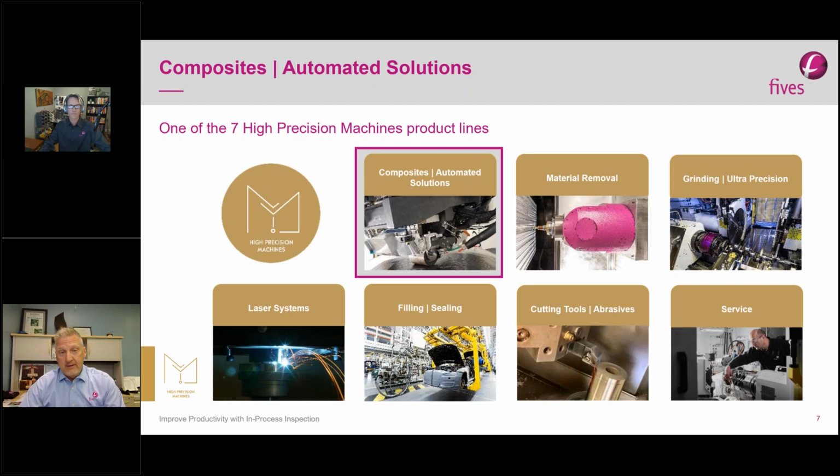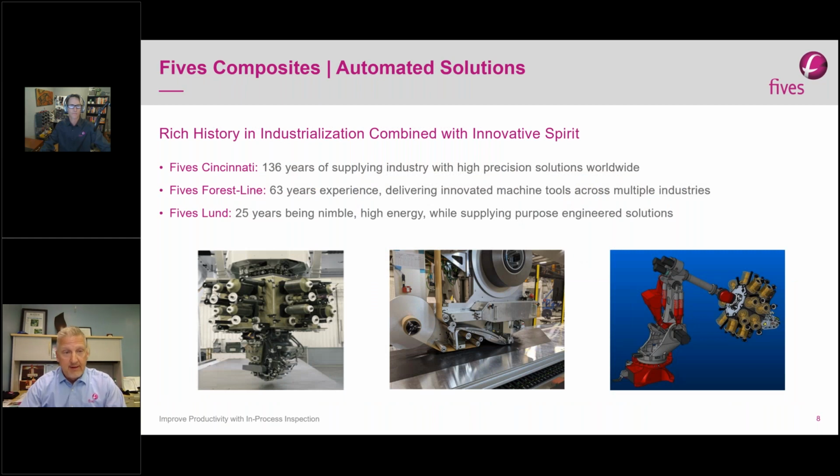The companies we're talking about here are the Composite Automated Solutions, made up of 3 companies. Fives Cincinnati, which you may know as MAG or MAG Cincinnati or Cincinnati Milacron. There's Forest-Liné out of Capdenac, France, and then there's Fives Lund out of Seattle. There are lots of years of experience amongst all 3, with a rich history and industrialization married with an innovative spirit.